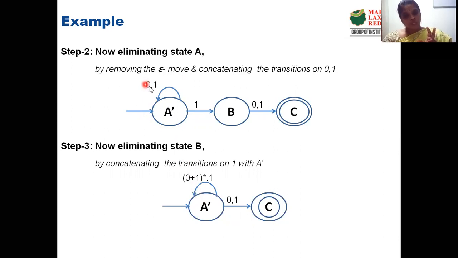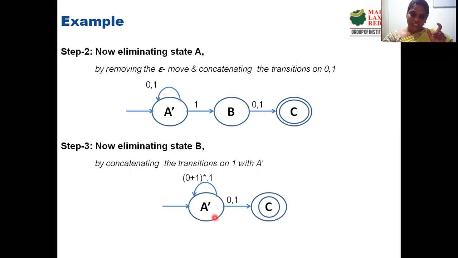So this becomes 0 plus 1 whole star, where you are concatenating this 1 here, and after that the 0 comma 1 is moving on to the final state C. Now in order to concatenate this, A dash, when it has this 0 comma 1, either remains in the state or moves again to state C, where finally these two states can be combined as a single state.